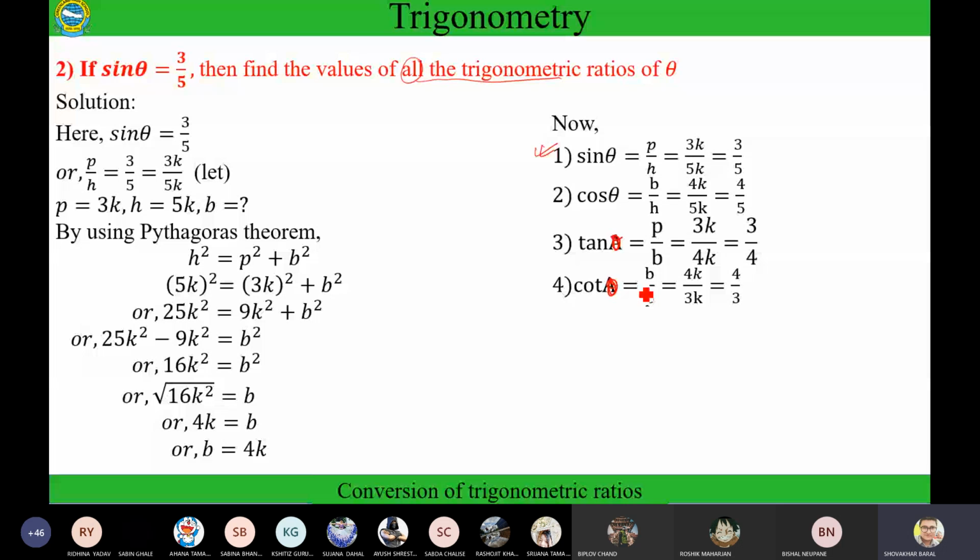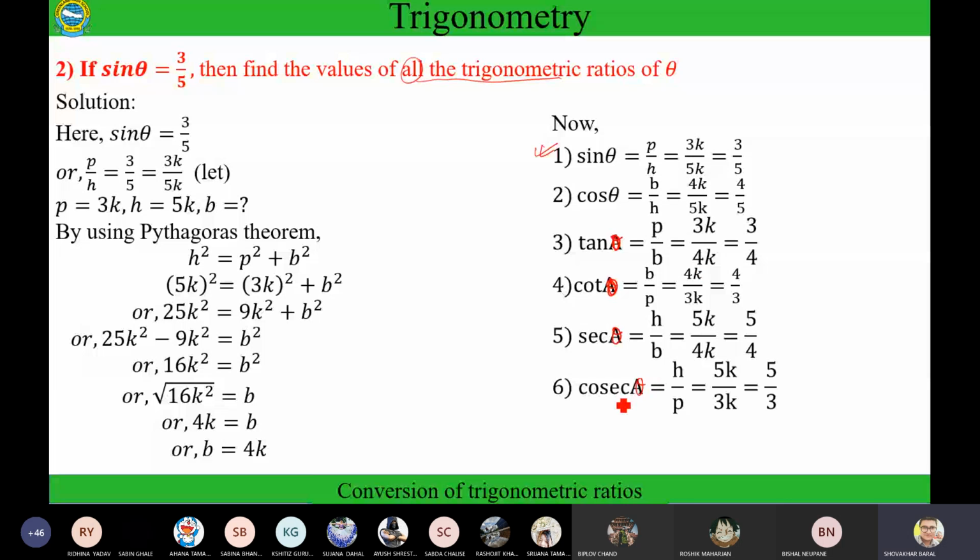Next, sec theta will be equals to h upon b, and is equals to 5k upon 4k, because the value of h is 5k and that for b is 4k. So simplifying, you will get 5 divided by 4.